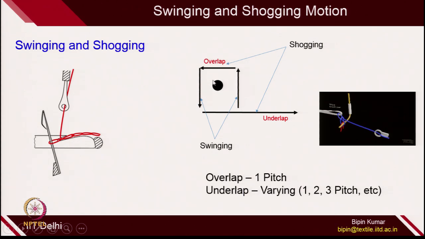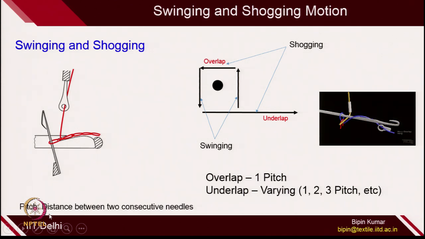So, if you observe the shogging motion, especially the overlap and underlap, the distance which the guide bar can move is different. On the front side, since it is giving yarn to the needle, the overlap distance will always be one pitch, and if you remember, the pitch is defined as the distance between two consecutive needles. So, the overlap distance of the guide in the front side of the needle will always be one pitch, either from right to left or left to right.